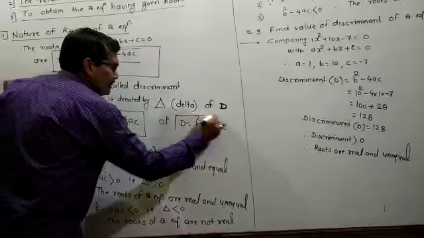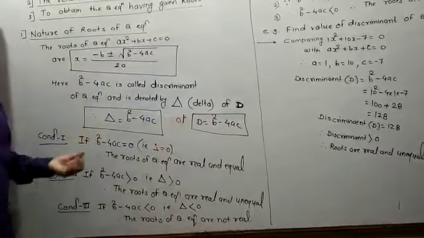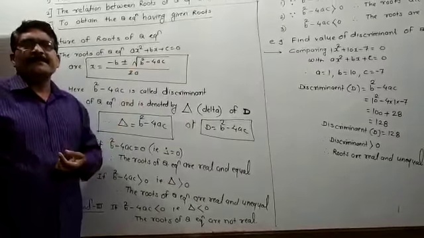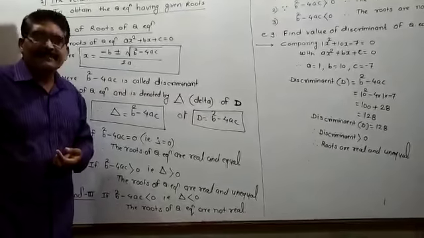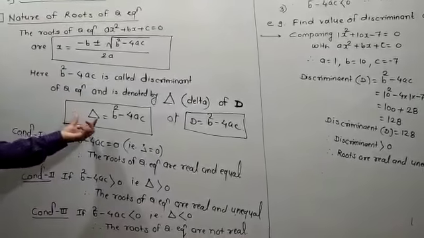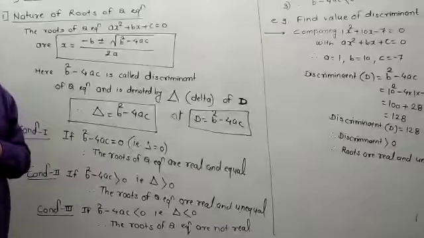The meaning of the triangle and the D is one and the same. Only this portion, b square minus 4ac, is called the discriminant. Everybody understand? Then this delta you have to compare with 0.